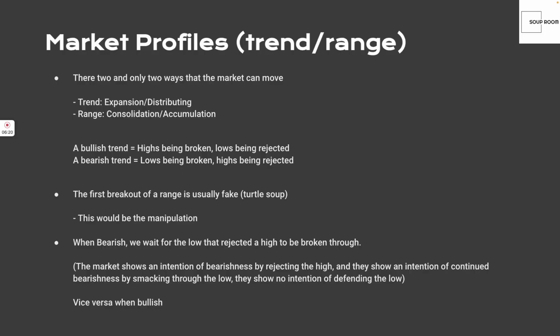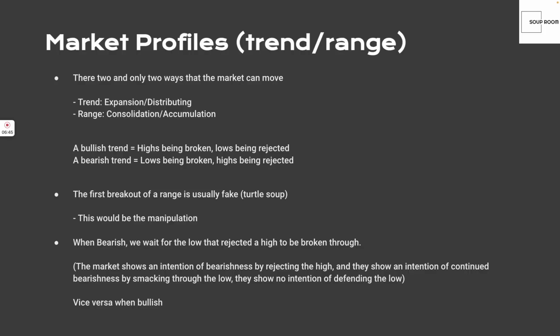When bearish, we wait for the low that rejected a high to be broken through. The market shows an intention of bearishness by rejecting the high. You see, we'll get electrocuted by that high, pushing price back down. They show an intention of continued bearishness by smacking through the low.